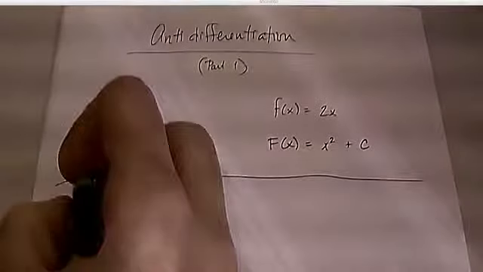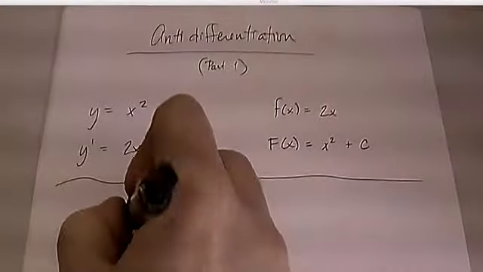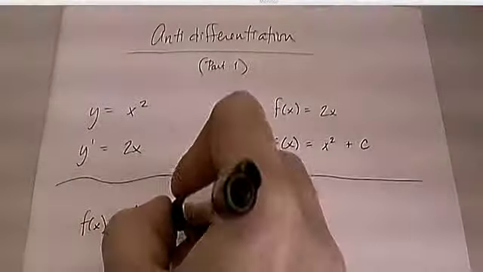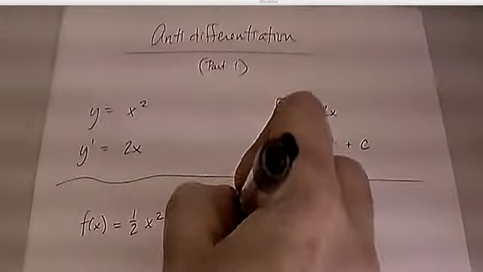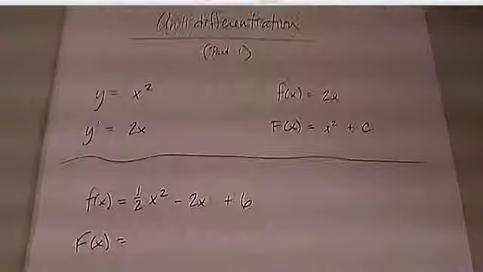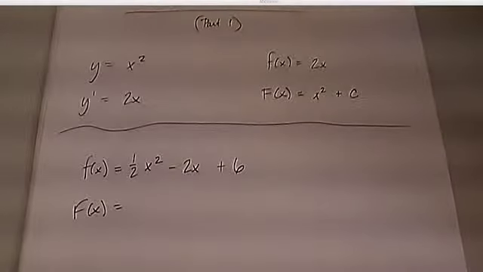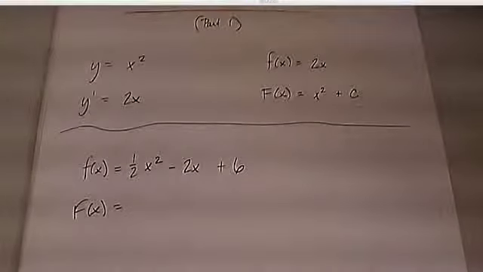Okay, let's do f of x is equal to 1/2 x squared minus 2x plus 6. What is big F of x? Well, we have to go backwards, just like usual.